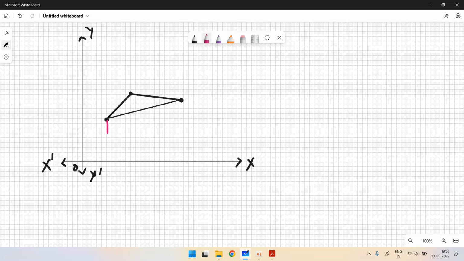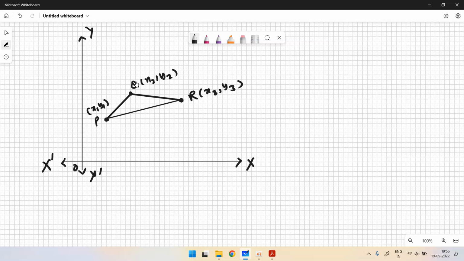Let it be PQR, with coordinates x1 y1, x2 y2, and x3 y3.